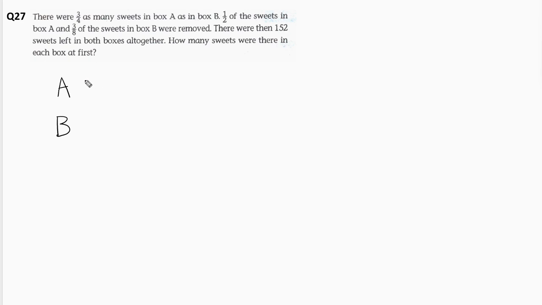In a previous question we had a similar situation. I'm going to draw it the other way around this time. So there were 3/4 as many sweets in box A as in box B. We're comparing to box B, so it's box B that has the quarters. 1, 2, 3, and 4.